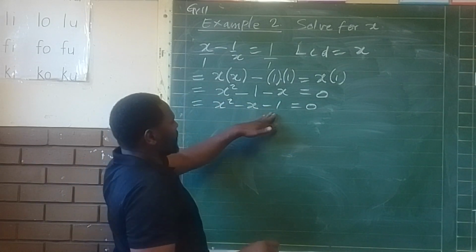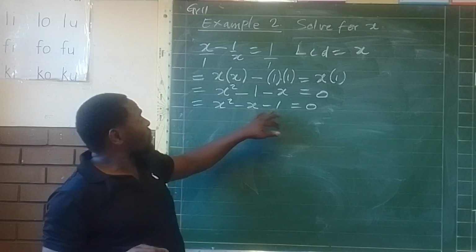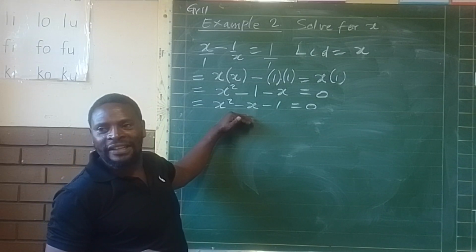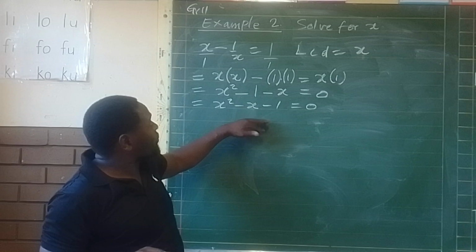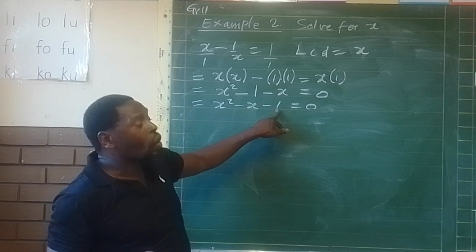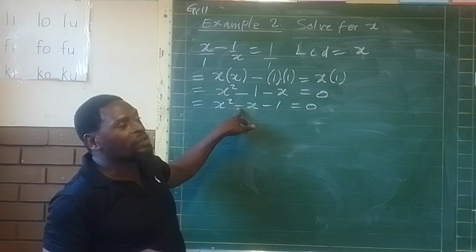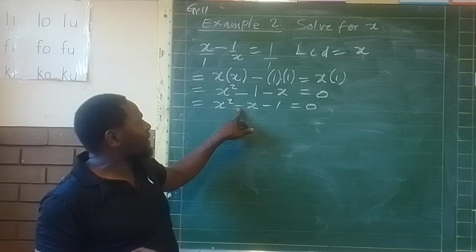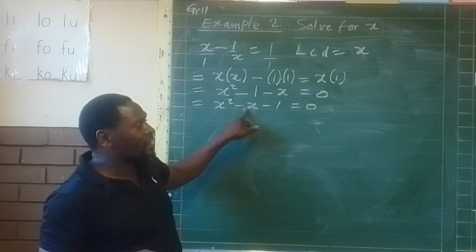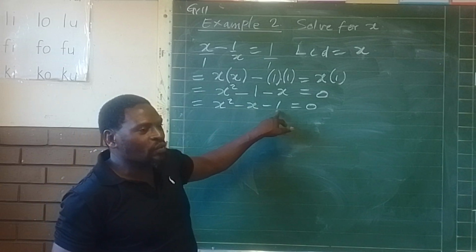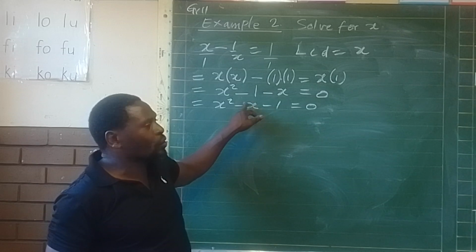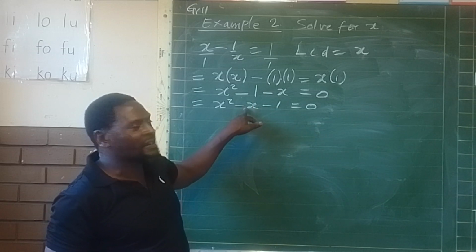Do we have the factors of this? We don't. Why don't we have it? Because you cannot have the factors of 1 that are going to give you a 1, a negative 1. A 1 plus 1 is 2. A 1 minus 1 is 0.